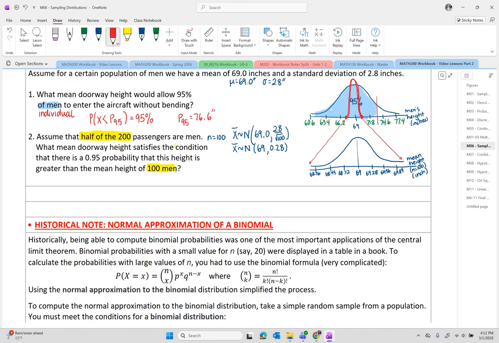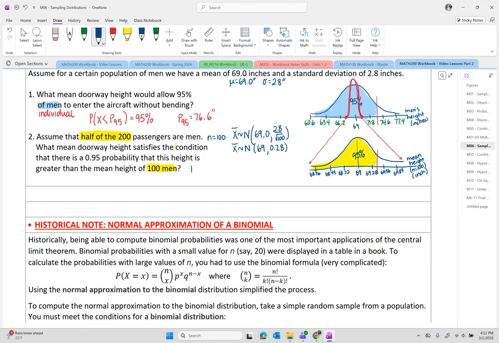And they are asking me again for the 95th percentile, which will be between 1 standard deviation and 2 standard deviations above the mean. I'm looking for the value such that 95% of those sample means will be less than or equal to it.